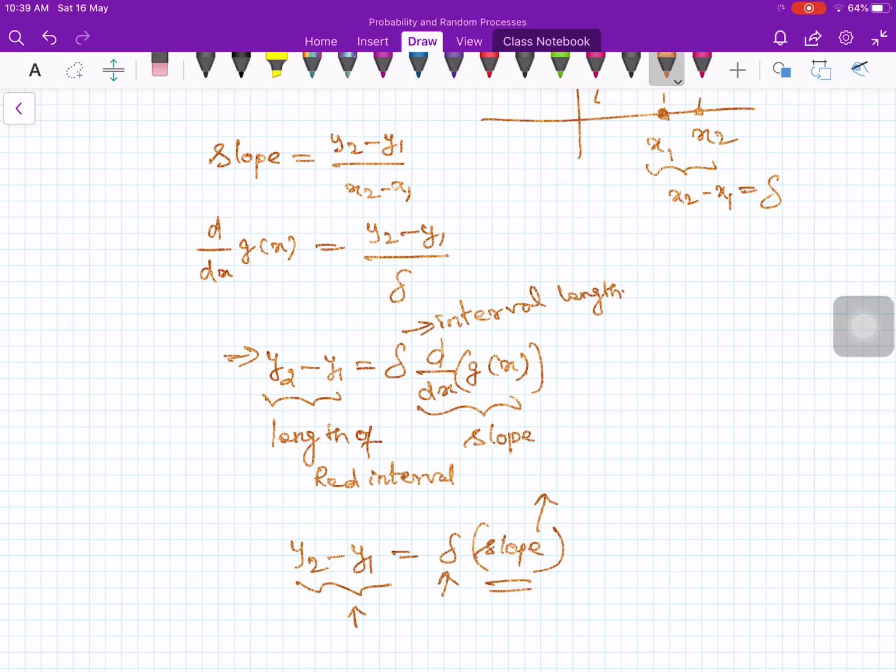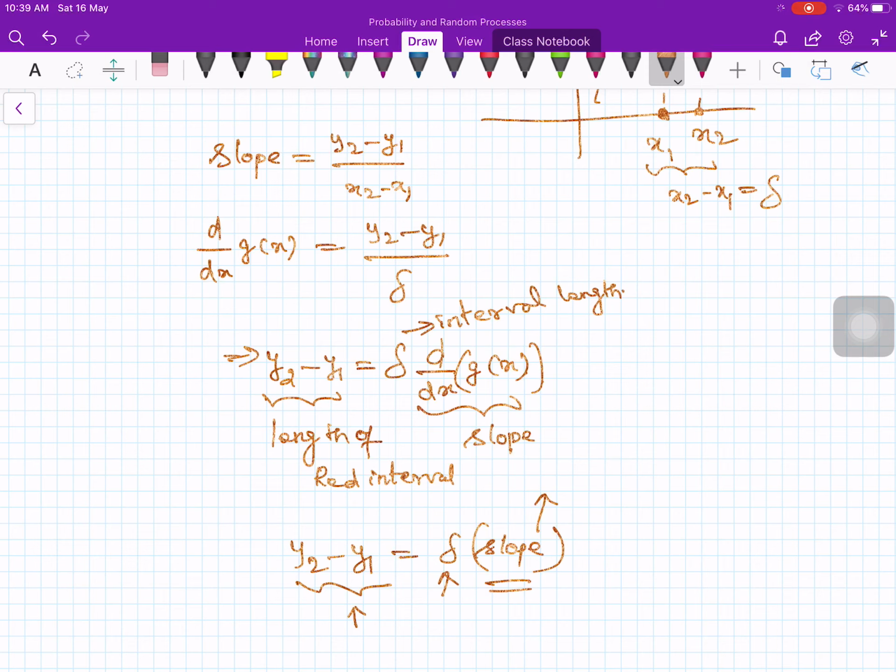So these two probabilities are equal. Probability of the red interval equals probability of the blue interval. Let us now equate these two sides. What is the probability of the red interval? That is delta times d by dx of g of x times the density function of the random variable y, equal to delta times fx of x.